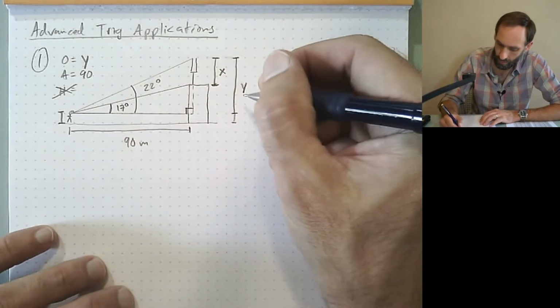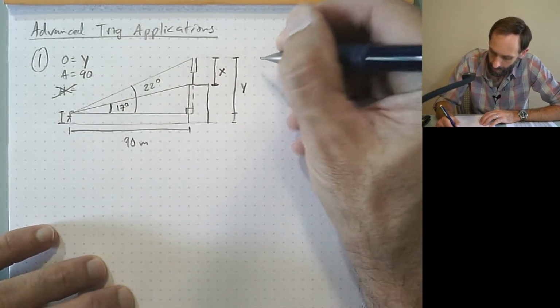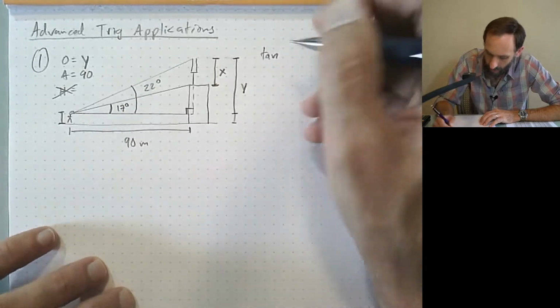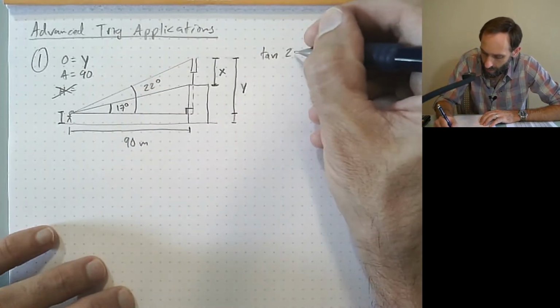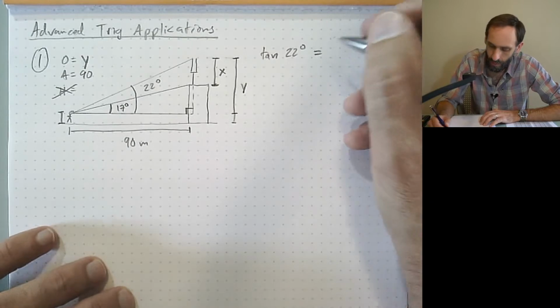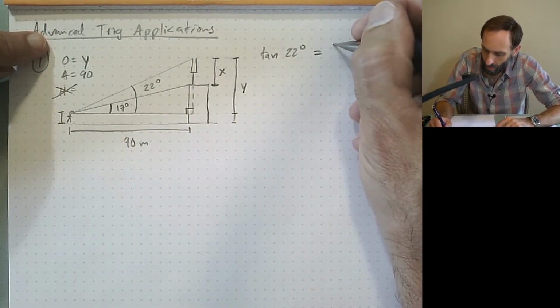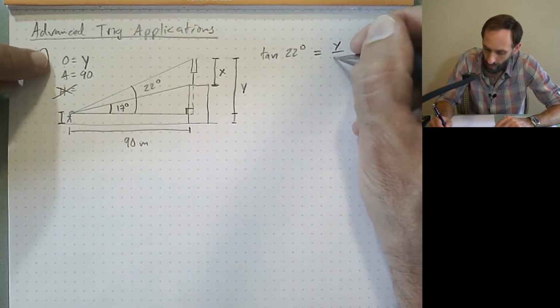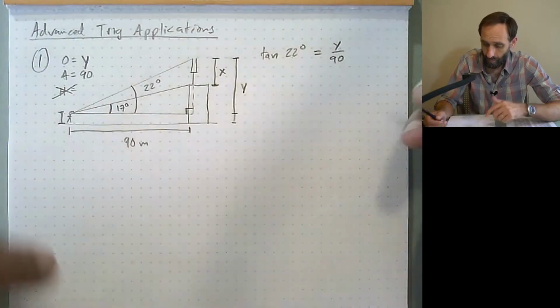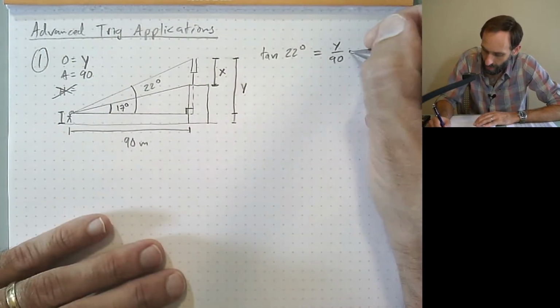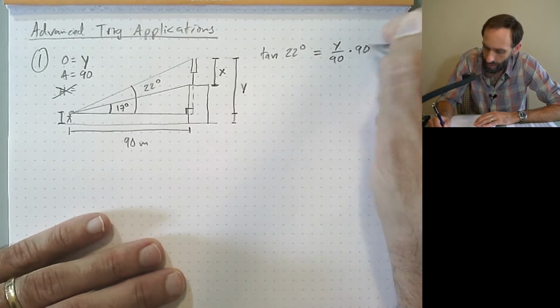So the tangent function, the tangent of the bigger angle, 22 degrees, is equal to the opposite over the adjacent. So y over 90. Now we just do a little bit of algebra, multiplying both sides by 90.